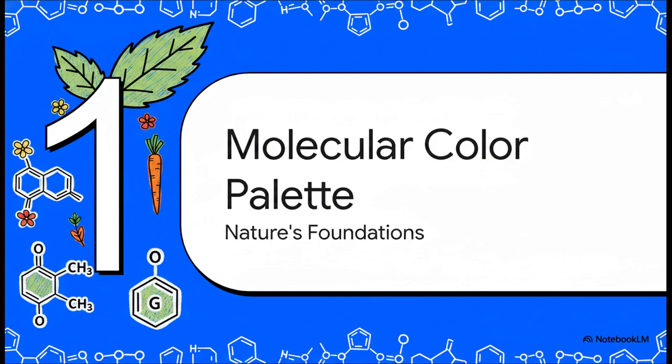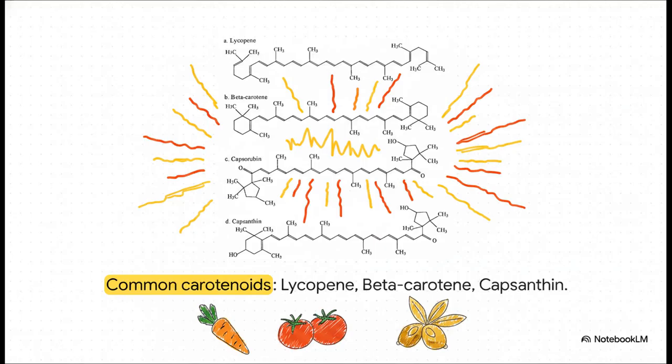Let's look at nature's foundations. We're stepping right into the vast plant kingdom now. Take a look at the architectural consistency of the carotenoids. Nature has actually isolated over 500 of these. Look closely at these structures: lycopene, beta-carotene, capsanthin. For the organic chemists among us, you'll immediately recognize that C40 hydrocarbon chain, made up of 8 isoprenoid units. Notice the alternating double and single bonds?